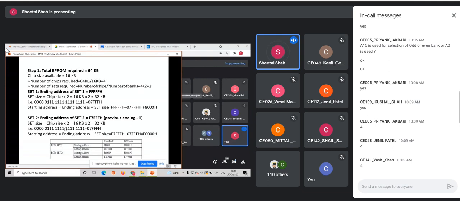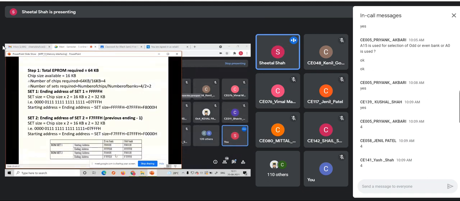Here the available size is 16 kilobyte, and since this is the required memory capacity, 4 chips would be required. Among these 4 ICs, it should be divided into 2 groups, one to have the even bank, the other to have the odd bank. So in each bank there would be 2 ICs. Are you getting this? Number of banks are 2, and each bank will have 2 ICs.